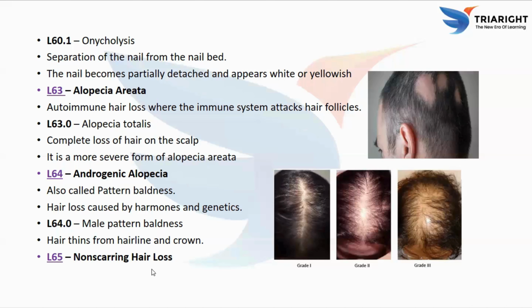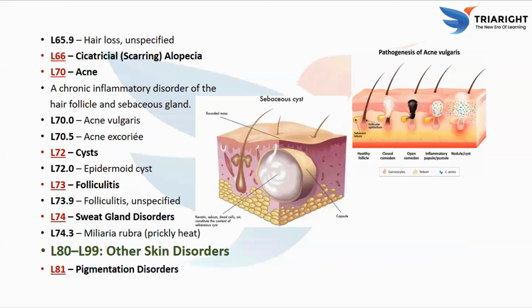What do you mean by non-scarring hair loss? It's a type of hair loss where the follicle is not permanently damaged. So hair has the potential to grow back, and examples include telogen effluvium, stress associated hair fall. So next coming to L66 code. This slide describes the several ICD-10 codes from L65 to L81.